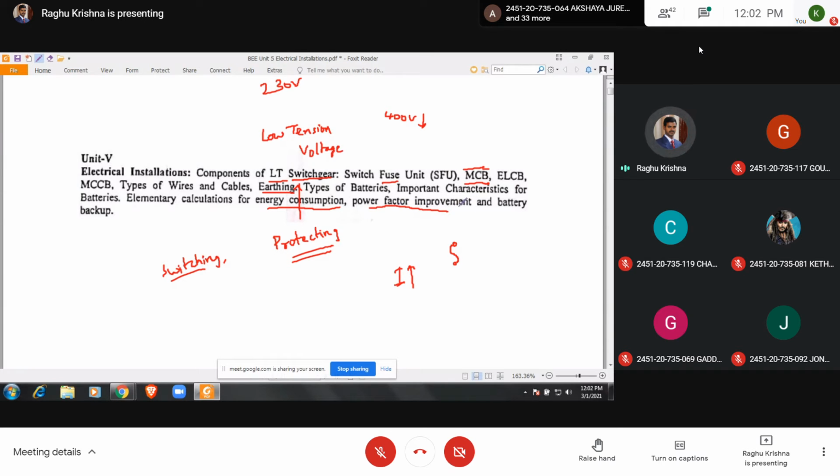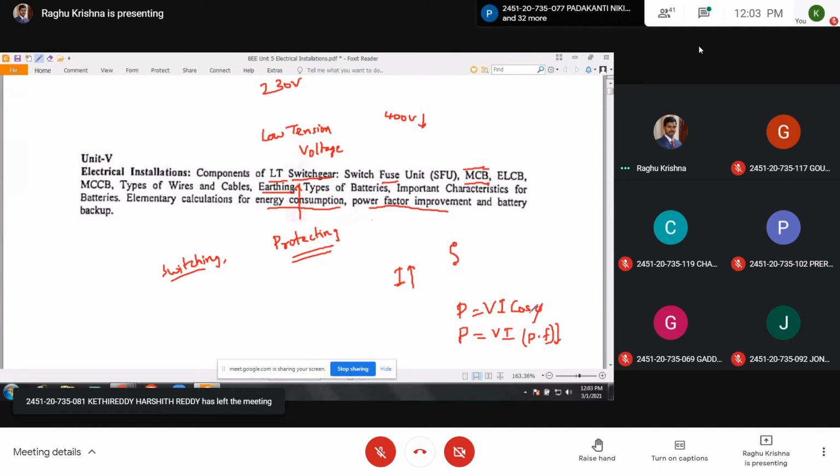So power factor improvement. We know that power is equal to VI cos phi. What is cos phi? Power factor. This can be written as VI into power factor. Cos phi is nothing but power factor.